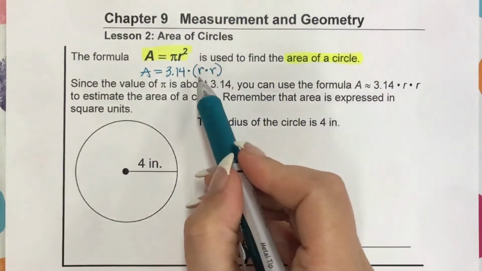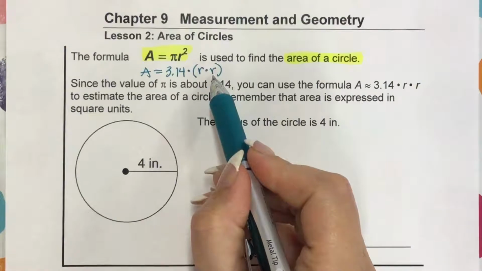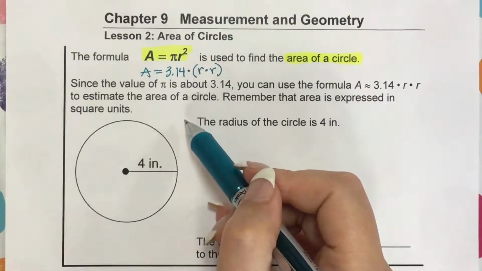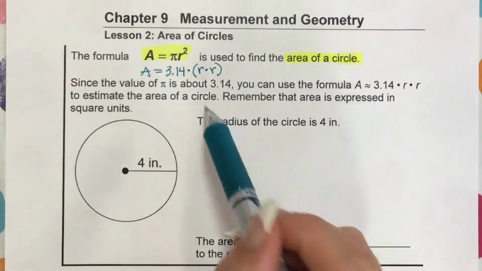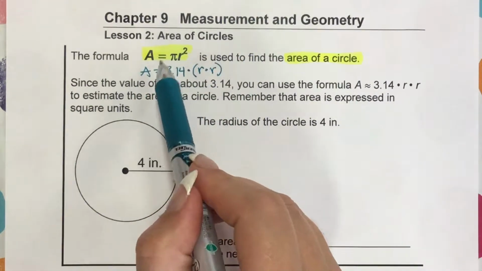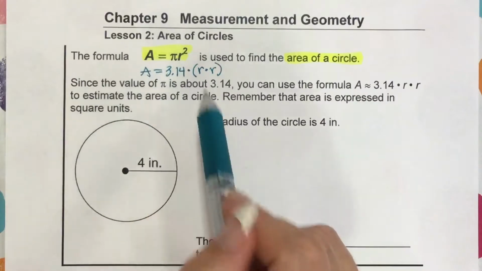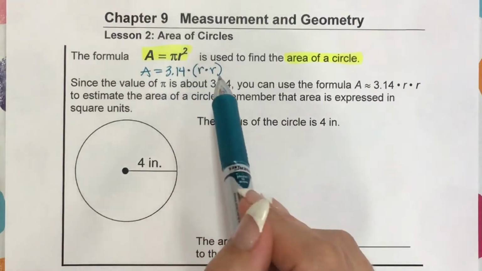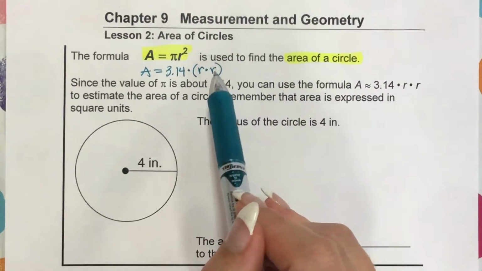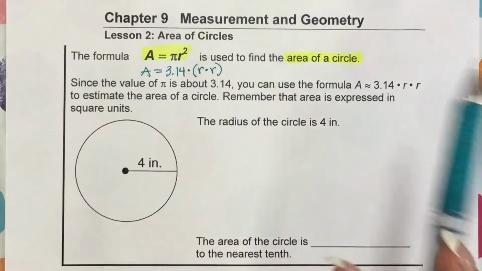So whatever your radius is, you're going to be multiplying it by itself and then multiplying it by 3.14. That's what this formula means when we say A equals pi r squared. A is the area, pi we're going to use 3.14, and r squared just means r times r, which is the radius multiplied by itself.